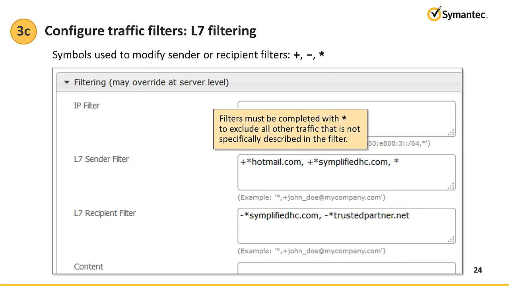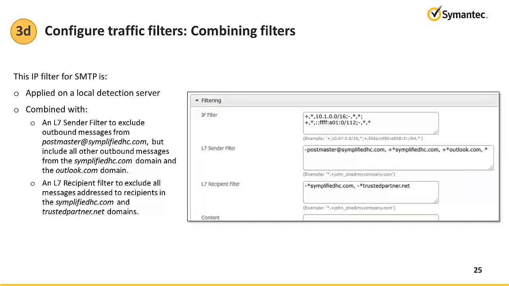The plus sign keeps matching messages for inspection. The minus sign excludes matching messages from inspection. The asterisk added to the end ignores any message that does not explicitly match any of the filter masks. Note that the order in which filters are evaluated is from left to right, and wildcards can be used anywhere in the filter string.